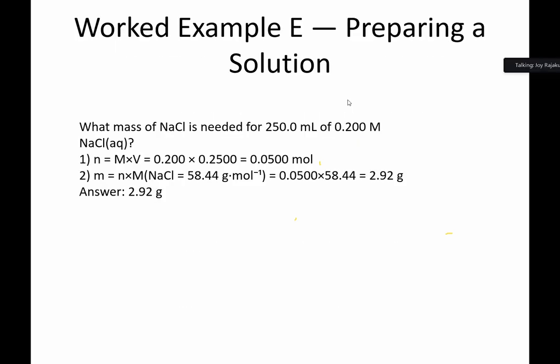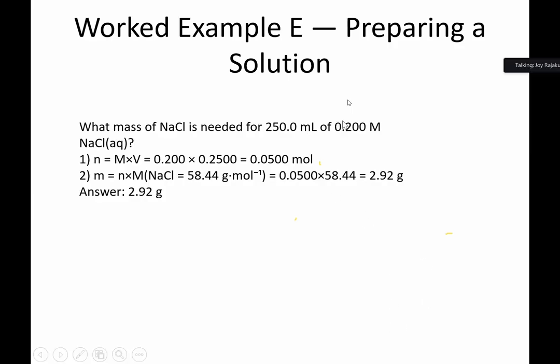So let's see what mass of sodium chloride is needed for 250 milliliters of 0.2 M sodium chloride. Now they are asking what is the mass of sodium chloride needed, right?